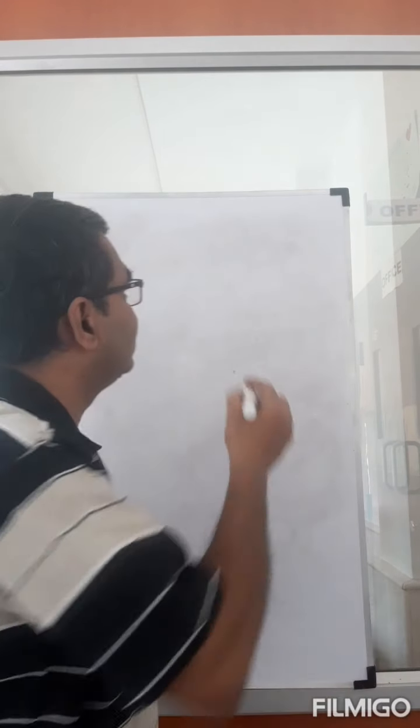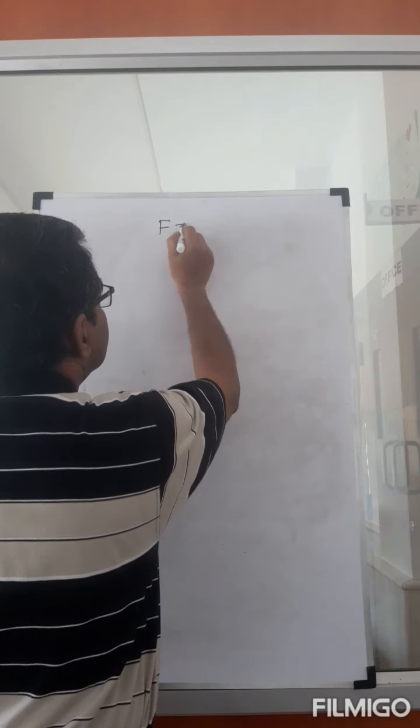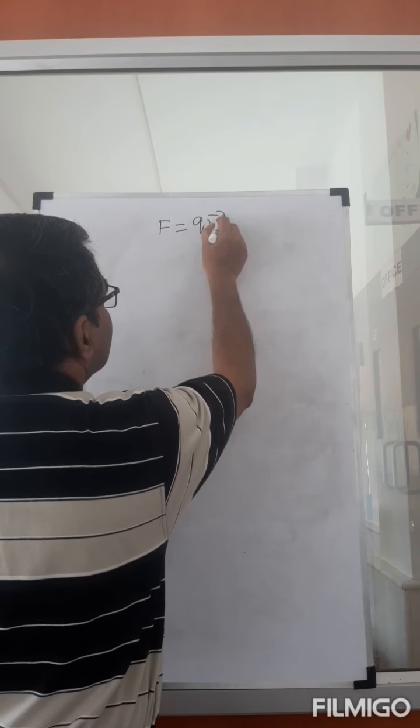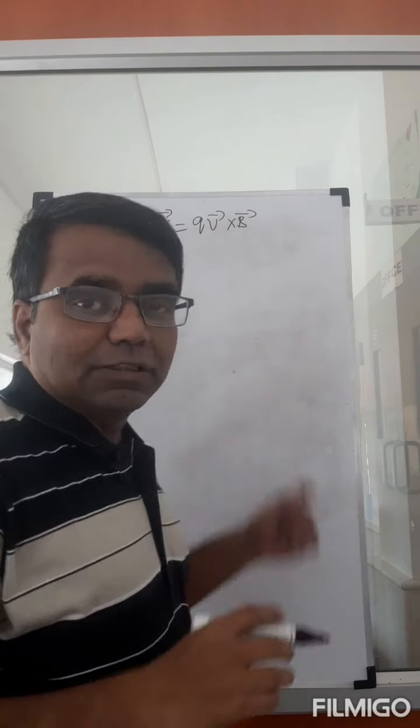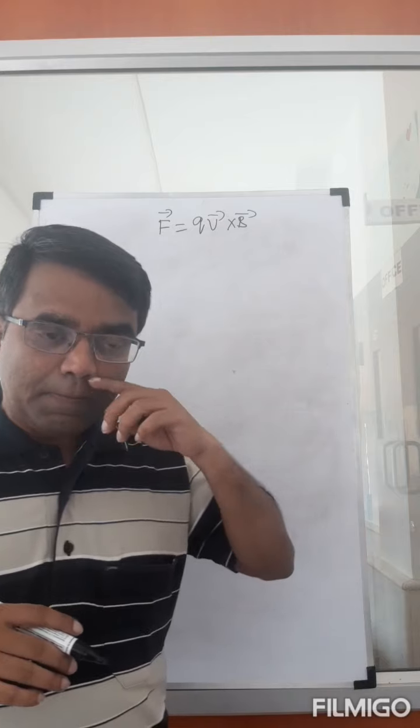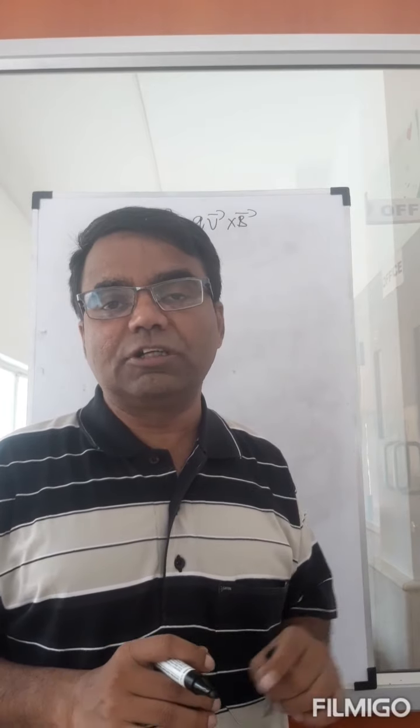Okay. Actually, you can see the effect of this in real life. The effect of the equation F is equal to QV cross B, which results in a helical path of the moving charges, can be seen in this world.